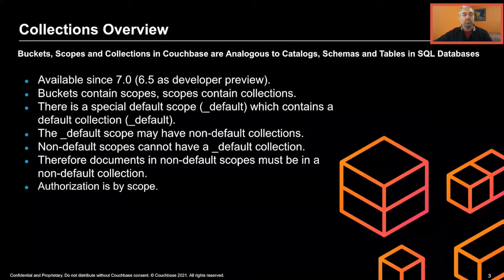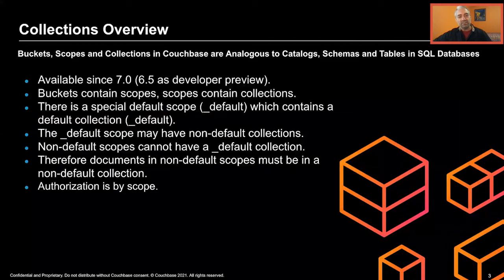There's a special scope called the default scope, which is called _default, which contains a default collection called _default. The default scope can have non-default collections, and this is a little bit subtle, but non-default scopes cannot have a default collection.